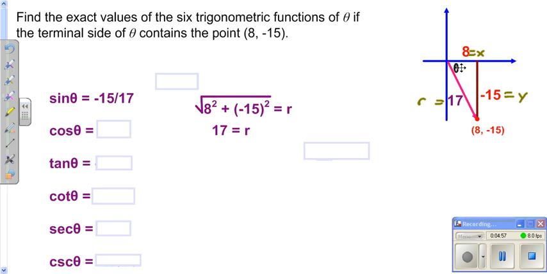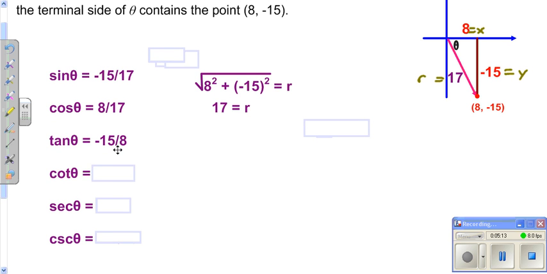So for sine, opposite of negative 15 over hypotenuse of 17. Cosine, adjacent over hypotenuse. Tangent, opposite of negative 15 over adjacent of 8. Then you have the three reciprocal functions, so cotangent, flip that upside down. Secant, flip your cosine upside down. And cosecant, flip your sine upside down.